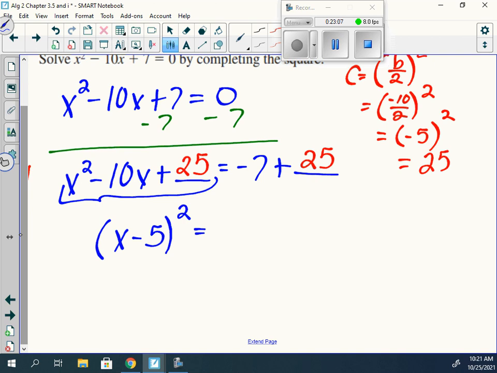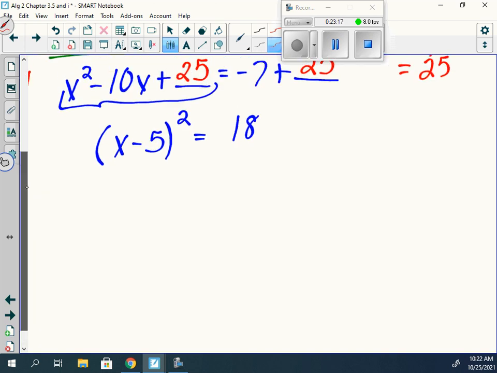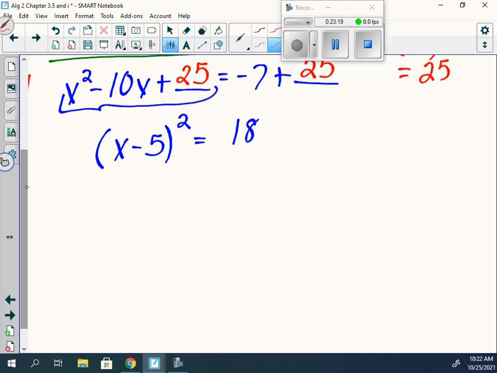Now on the other side, we have negative 7 plus 25, which is? Almost. We have to square root both sides, because we still need to get x by itself. Well, the square root and square would cancel, leaving us with x minus 5 is equal to?